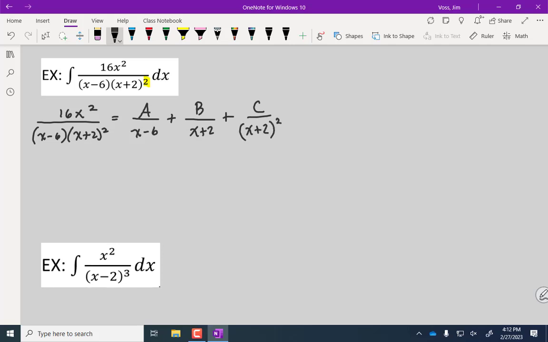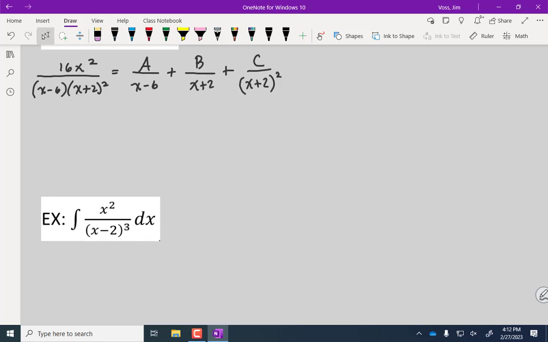So a partial fraction for each power of the repeated root. If it was x plus 2 to the third, there would be another one, and if it was x plus 2 to the 4th, we'd have 2 more fractions, one for the third power, one for the fourth power. You have got it.